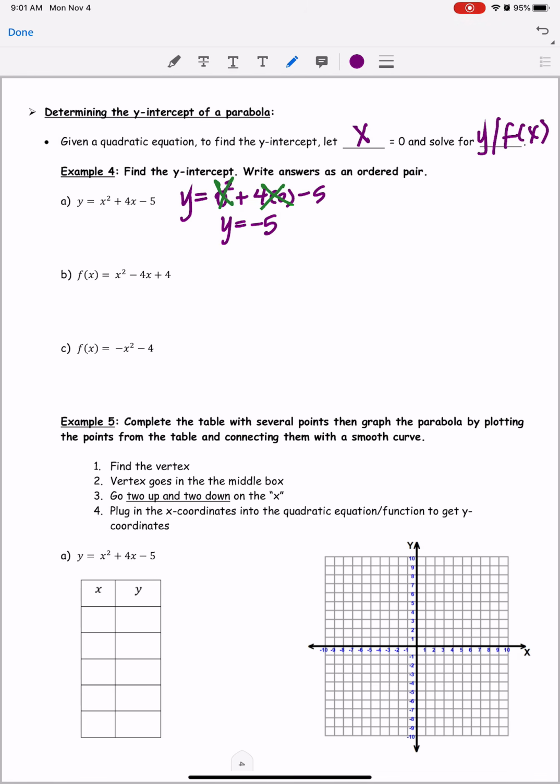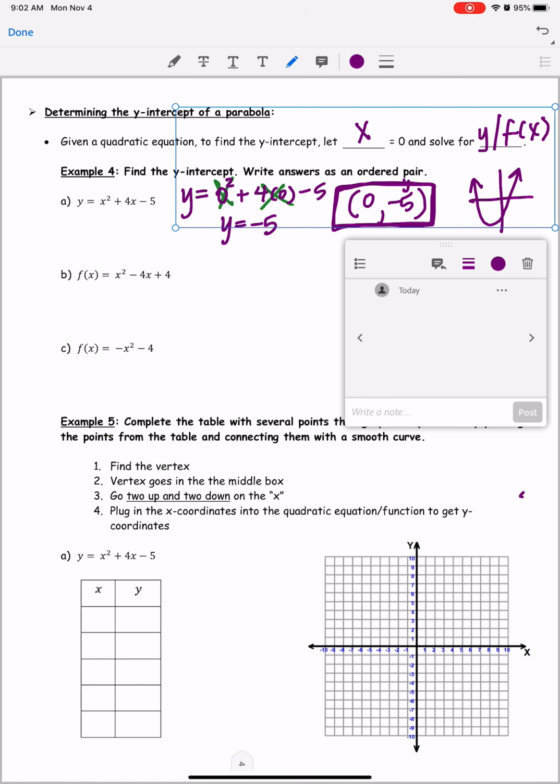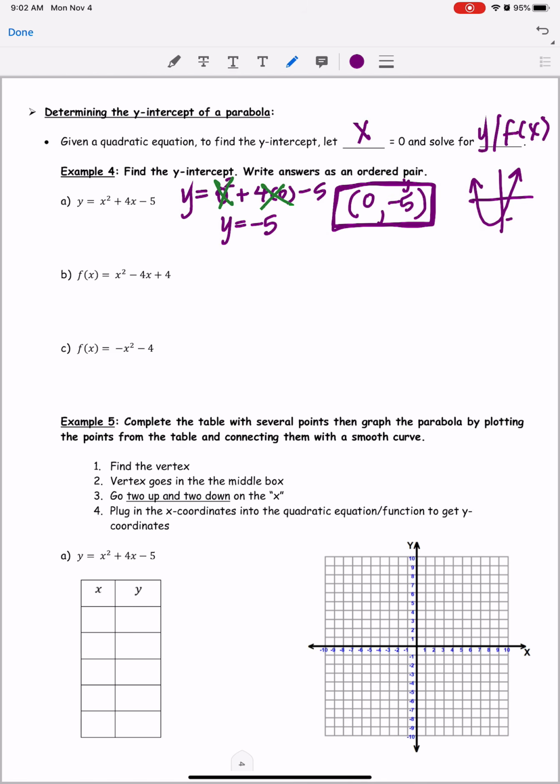So write that as an ordered pair. Because it is y equals -5, my -5 goes in for my y. And what did we put in for x? We put in 0. Okay, so what we have just found is that this parabola crosses the y-axis at -5, right here.